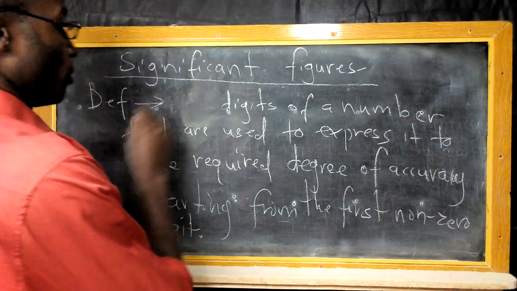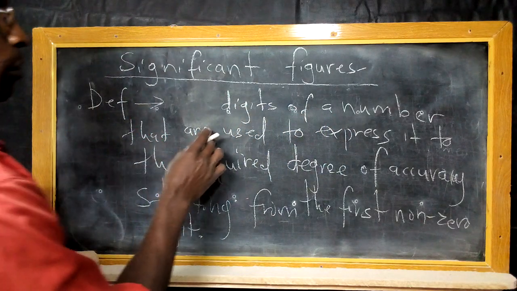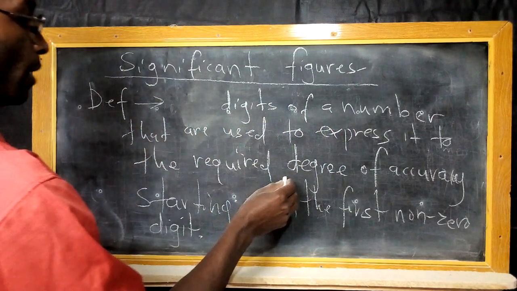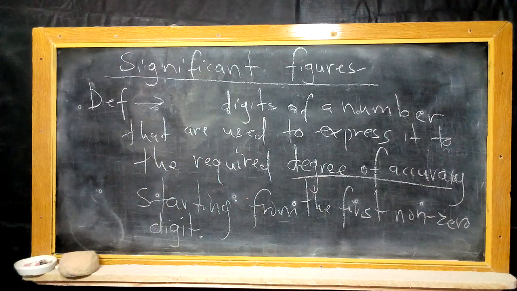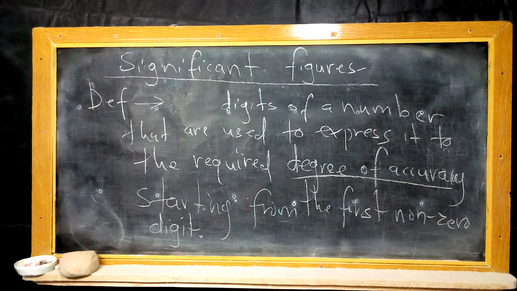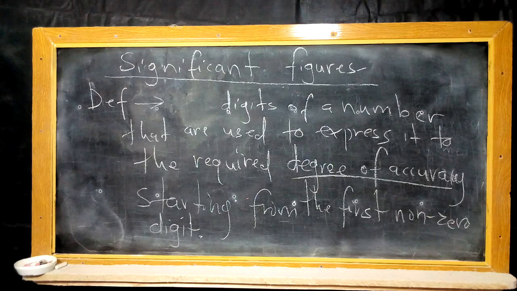So in actual sense, from the definition, these are the digits of a number that are used to express the required degree of accuracy, starting from the first non-zero digit. I've said the last condition caters for those decimal fractions, which we are going to define in terms of significant numbers.